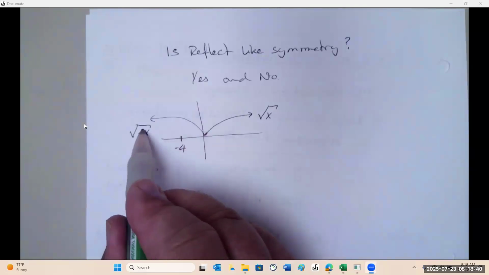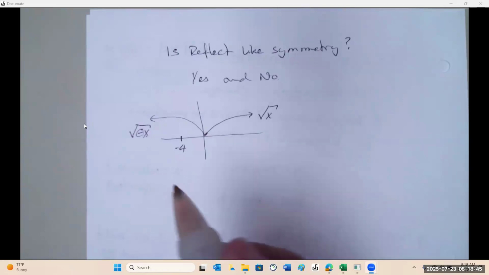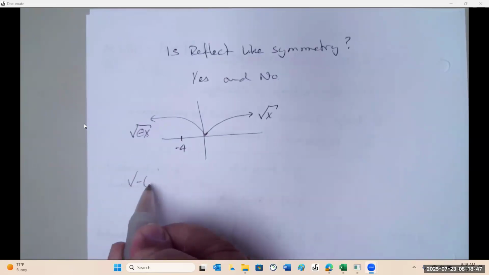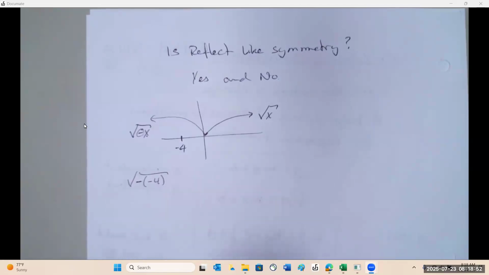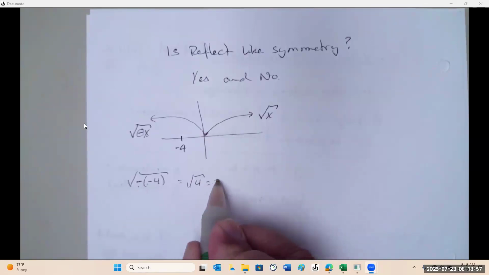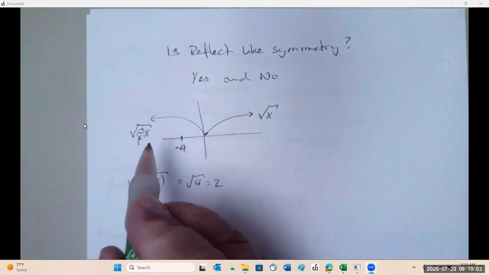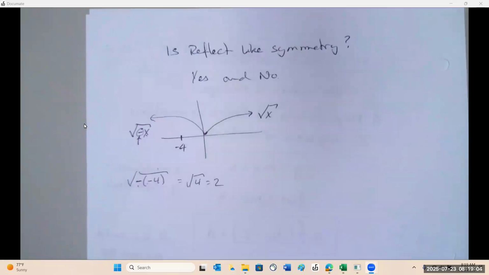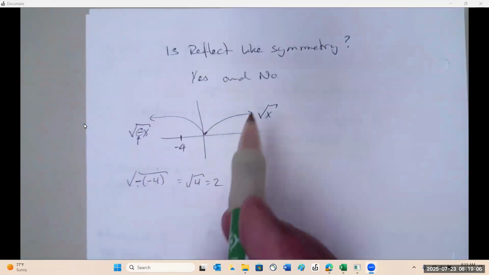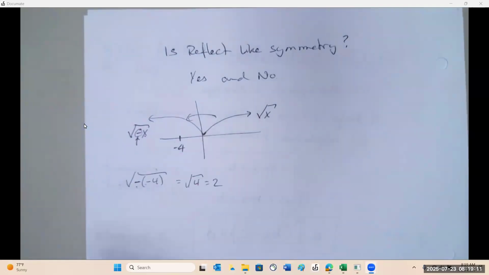So the only way I can get rid of this negative is if x itself is negative. So if I have the square root of negative 4, negative becomes a positive, I get 2. Because of this negative here, I have to make x negative, so it flips across the y-axis. Again, it's a horizontal flip because the change happens inside.